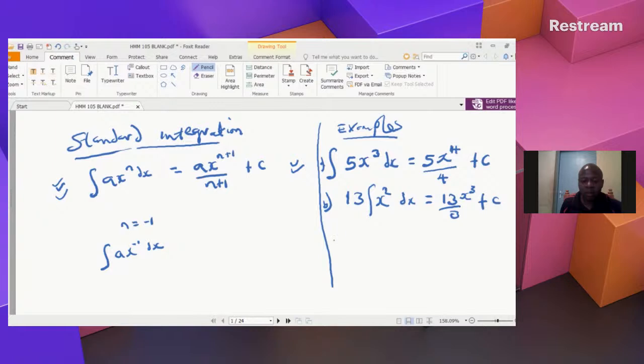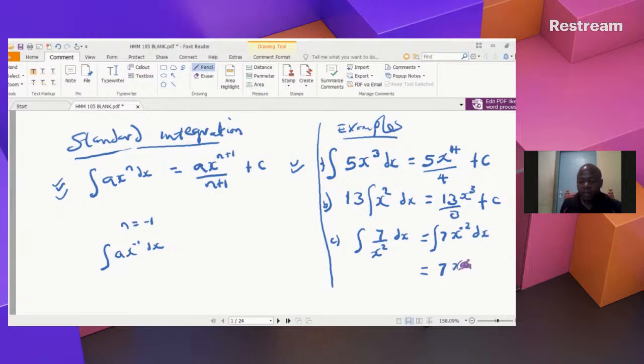Let's look at another example. Suppose I'm given the integral of 7 divided by x raised to 2 dx. So x raised to 2 is in the denominator. For me to do this integral well, I must first take it to the numerator, so I have the integral of 7 x raised to negative 2 dx. 7 is a constant, so I just write it.